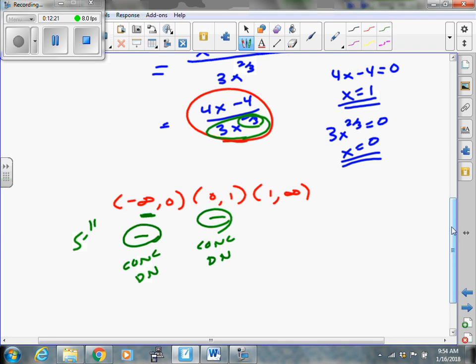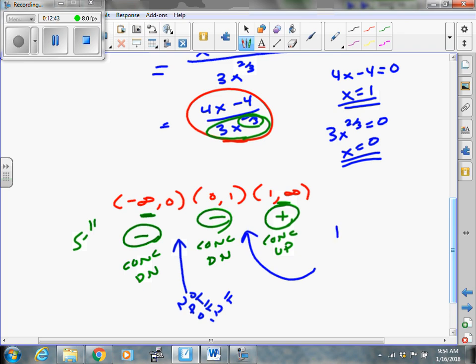But it didn't change its concavity, so no point of inflection. But in this region, if you pick 3, you get a positive number over a positive number, which is positive, so concave up. So my answer is I have 1 point of inflection at x equals 1.